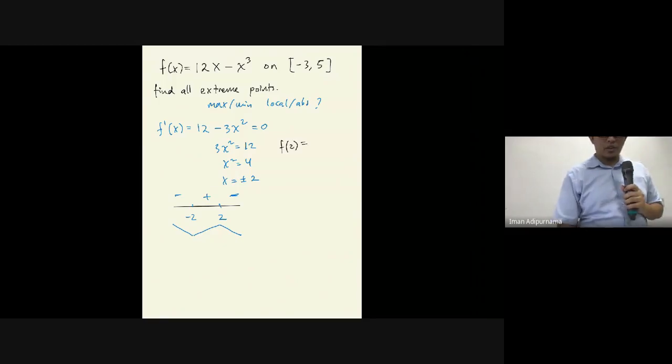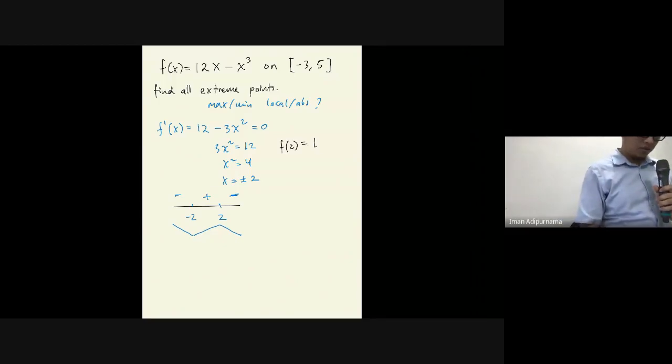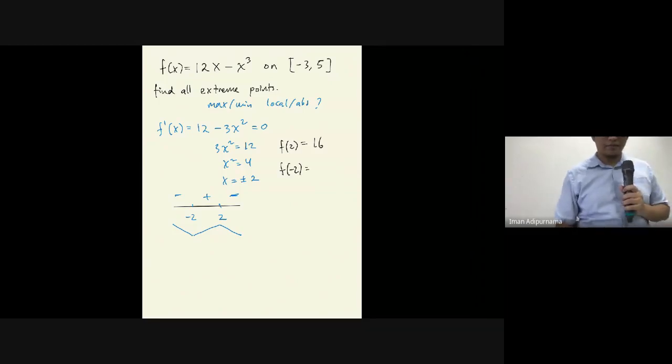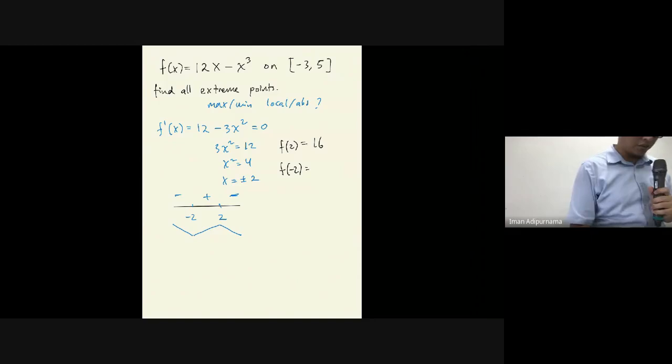So f(2) is 16. f(-2) is what? Also 16, but negative. From these points only, you would say that 16 is the maximum and -16 is the minimum.